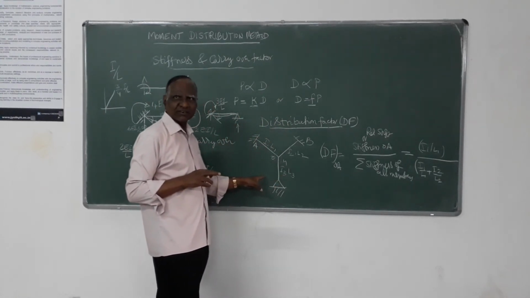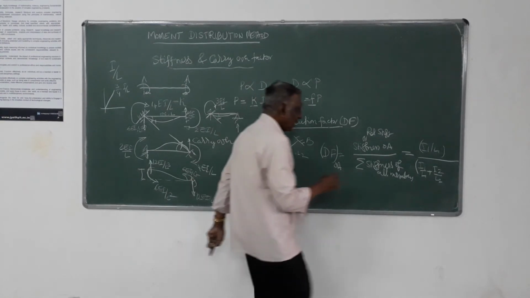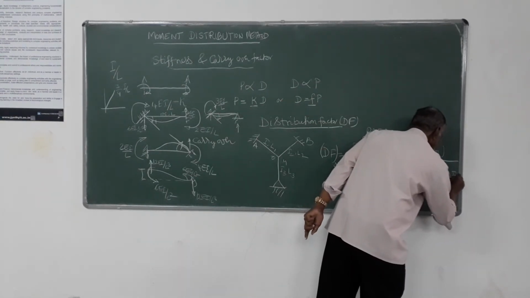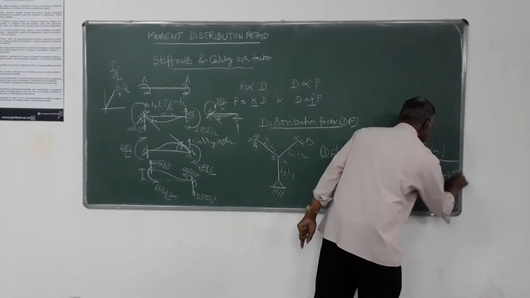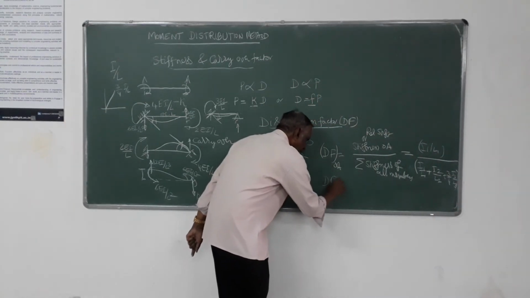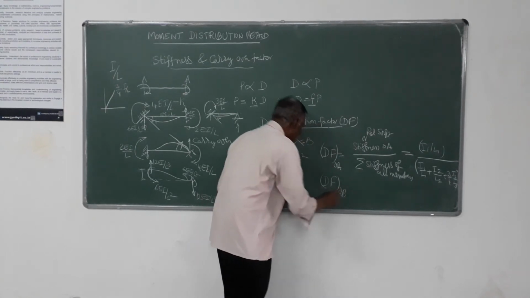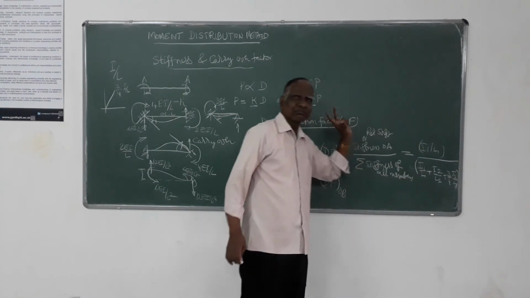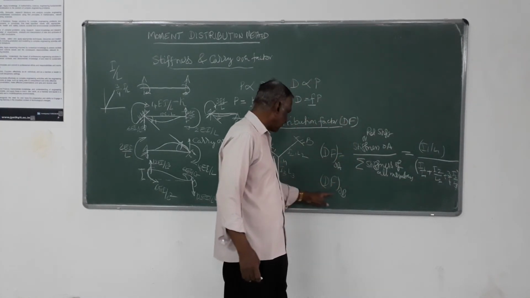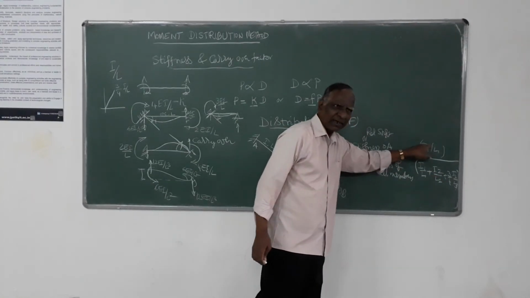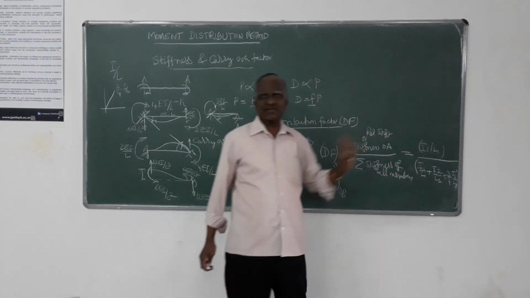Its relative stiffness is 3/4 of I3 by L3. Similarly, the distribution factor of OB, if you want, is I2 by L2 over this sum. Similarly, the distribution factor of OC is 3/4 of I3 by L3 divided by this sum.